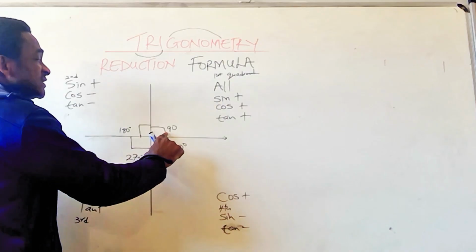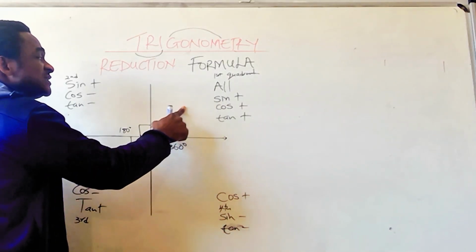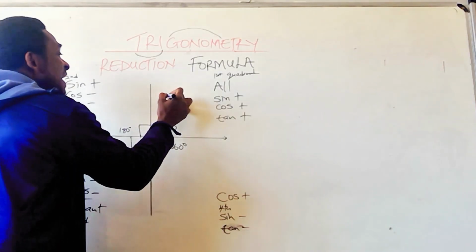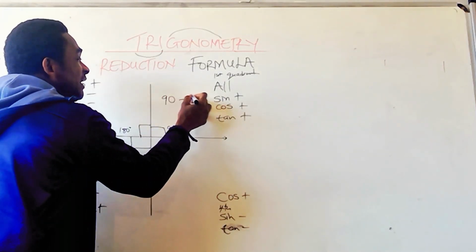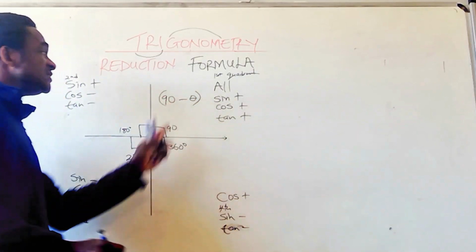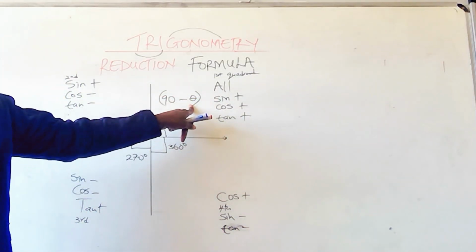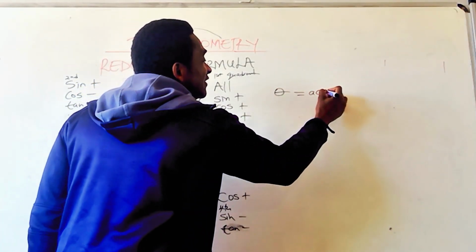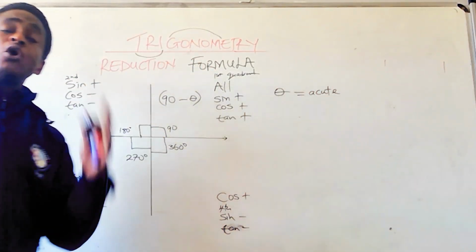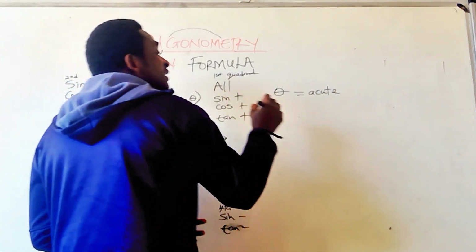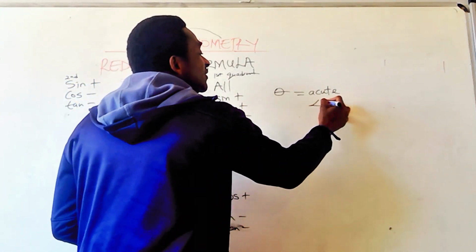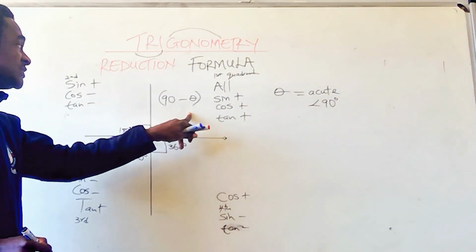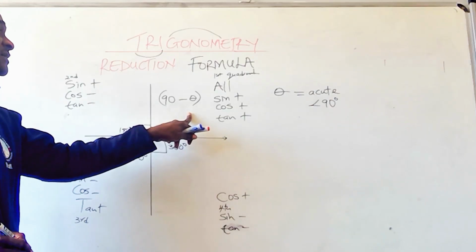So in the first quadrant, we say that every angle that is inside here should be less than 90 degrees. That means any angle we are going to encounter here must be 90 minus theta, where theta is an acute angle. Please remember, it is very important that you understand that the theta we are using for this must always be an acute angle. That means it must always be an angle less than 90 degrees. So any angle that falls here must be less than 90.